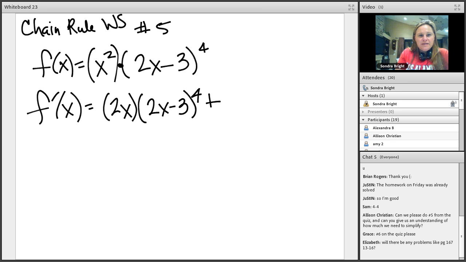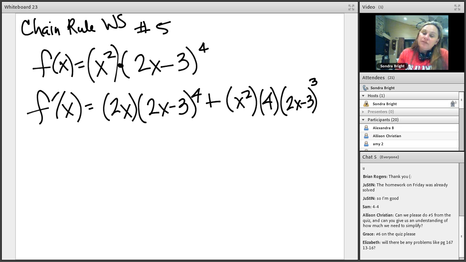And then plus x squared, which is the first guy, times the derivative of the second, which would be 4, pop and drop, right? 4 times 2x minus 3 to the 3rd power now, times the derivative of inside, because of chain rule, inside of 2x minus 3 would be a times 2.